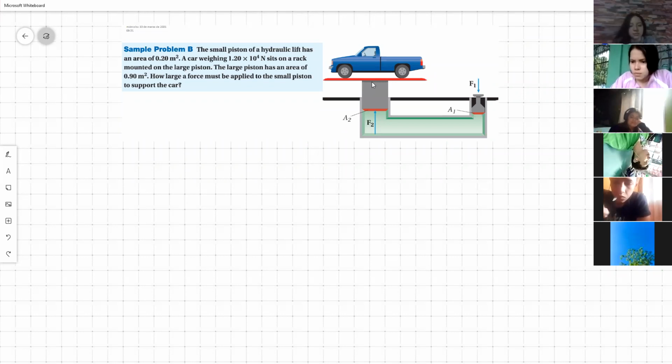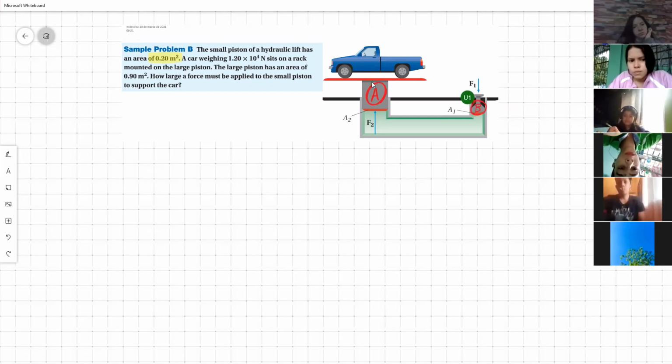So what I have to do in the first place is gather the information from the word problem. It says the small piston has an area of 0.2 meters to the second power. Now, I'm going to put A and B. To what piston does it refer, A or B?